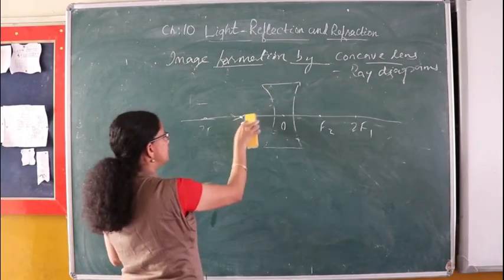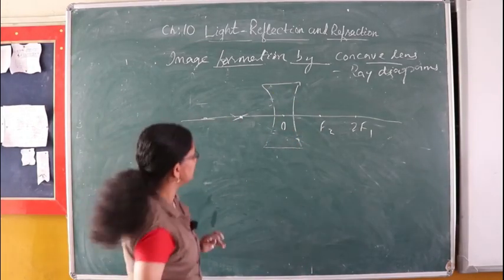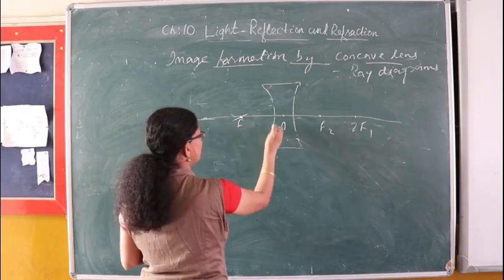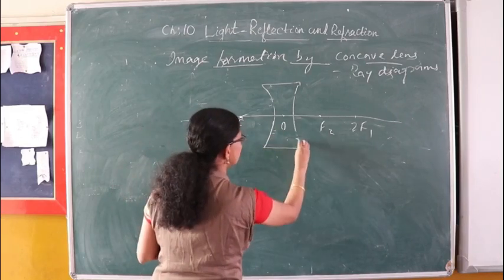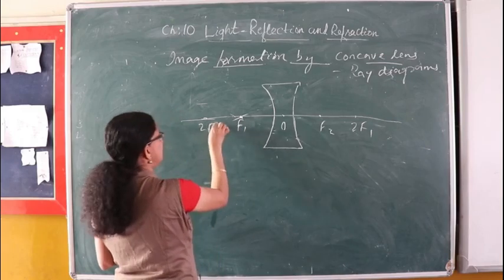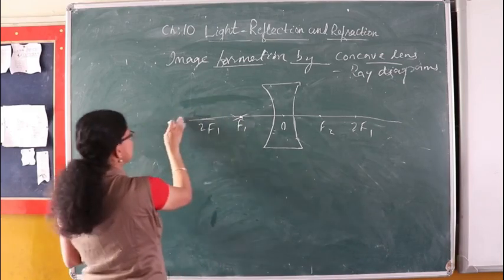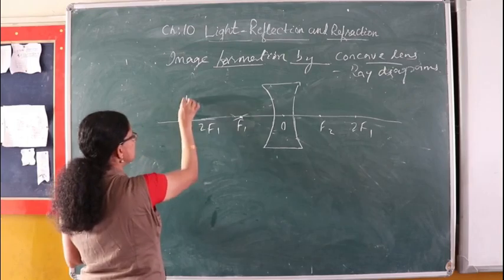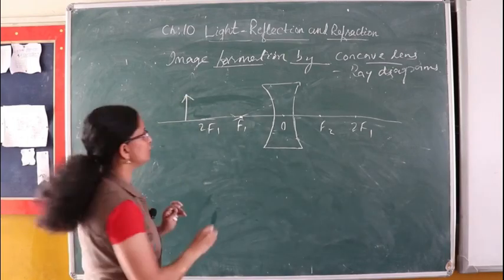Now, other than this infinity, anywhere the object is kept, that means between optical center and infinity, you can see the rays coming from the object.